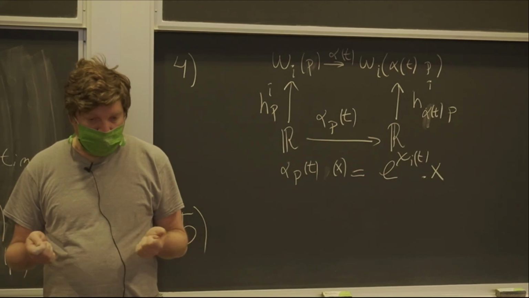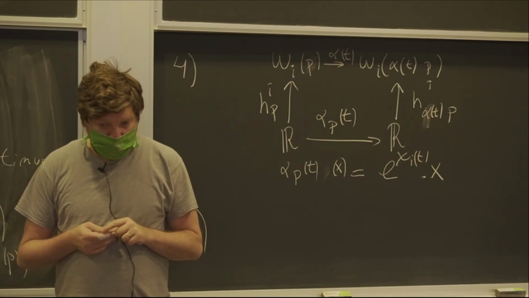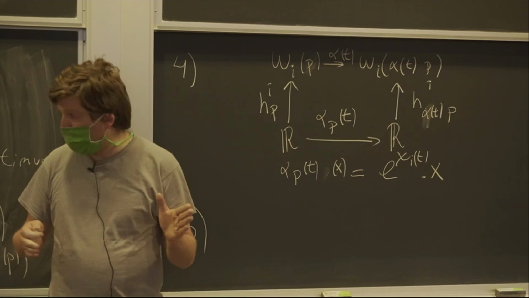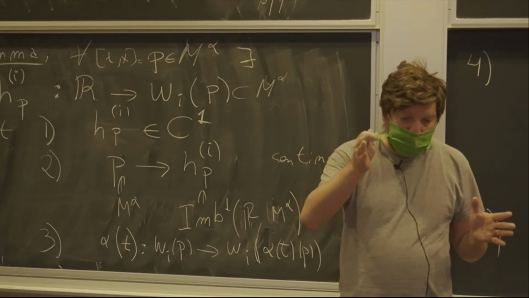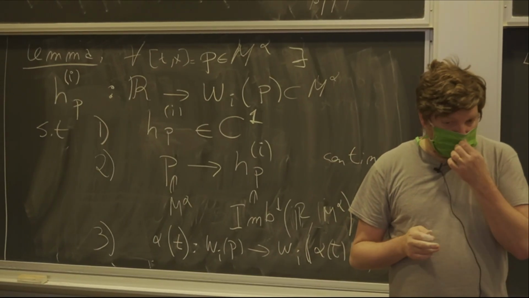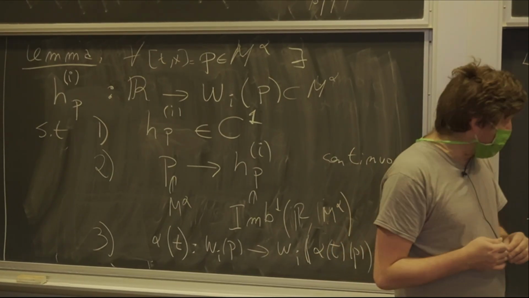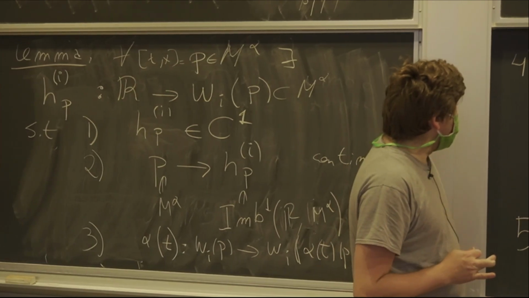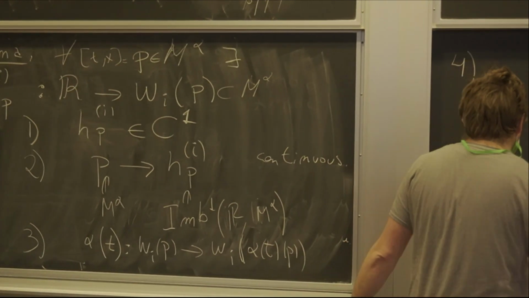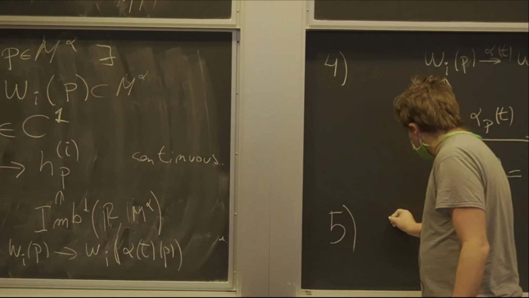So that's all you are thinking. It is the natural identification of this Wi of P with R^i and then with R. So that's all I'm doing here, and that's why these 5 shouldn't be so strange, but let me do it.